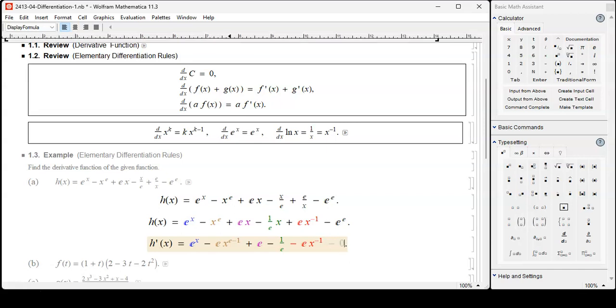Now in this kind of problem, it is very, very important you do not change the order. If you change the order, you lose the justification. Which term came from which term through which differentiation rule? That's not clear at all.